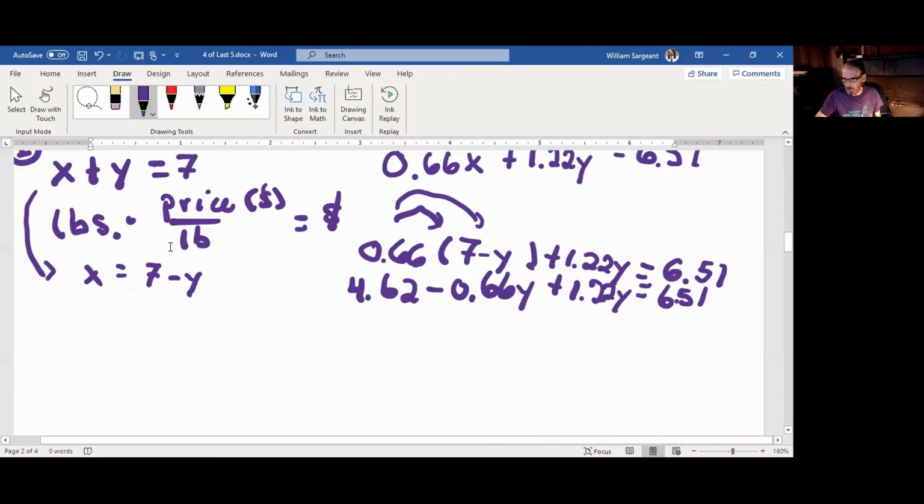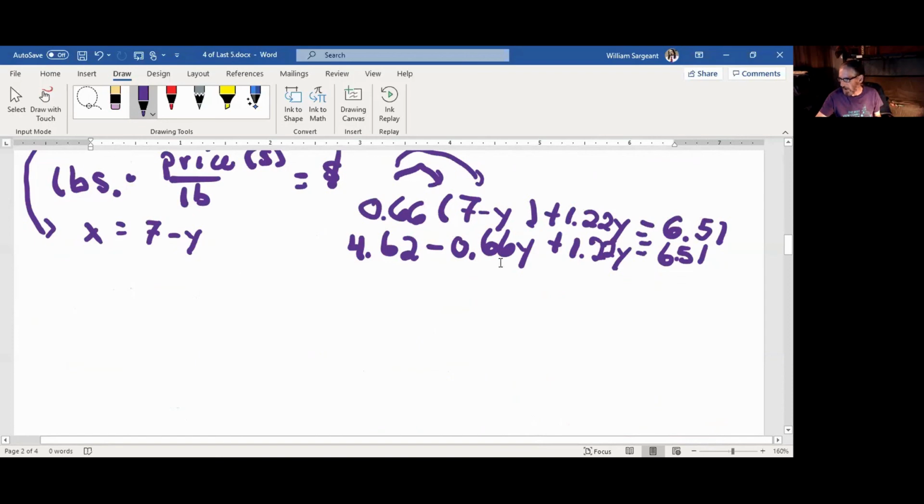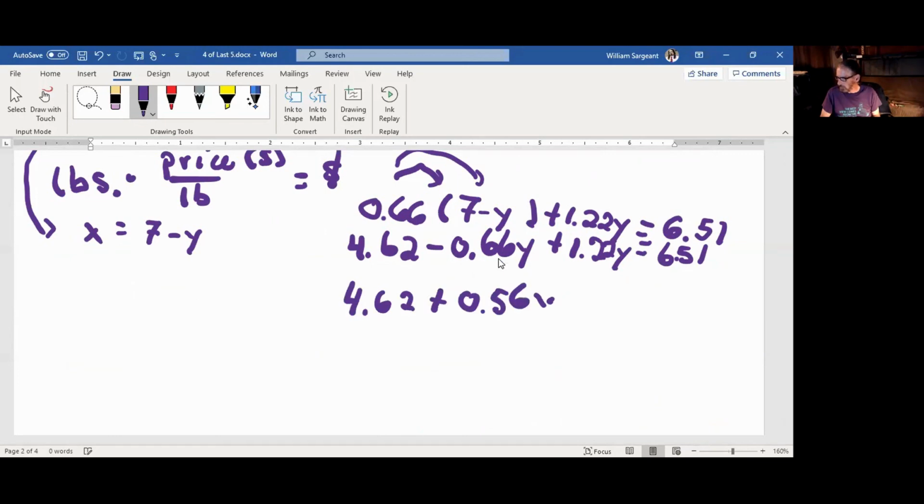Okay, notice also how my solving for x instead of y means that when I combine the y terms here, I'm going to have a positive coefficient. Subtracting 4.62 from 6.51.